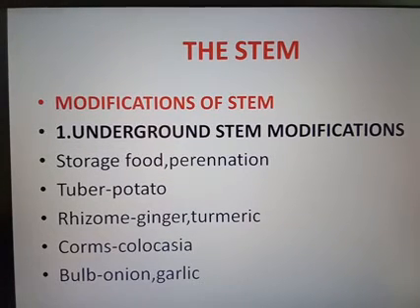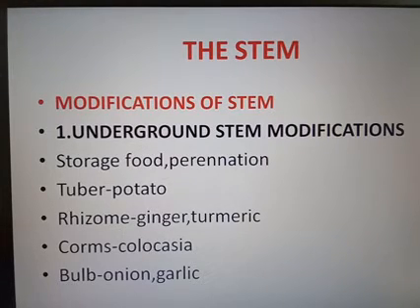Potato, ginger and turmeric show modified food storage structures, but onion and garlic show fleshy, scale-like leaf structures.